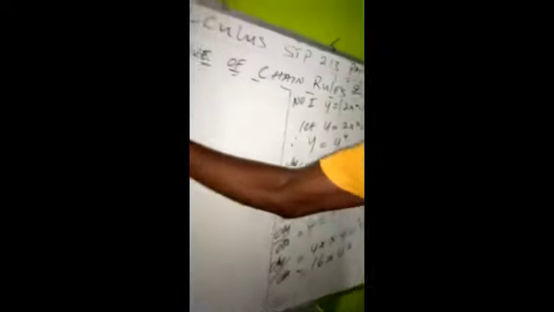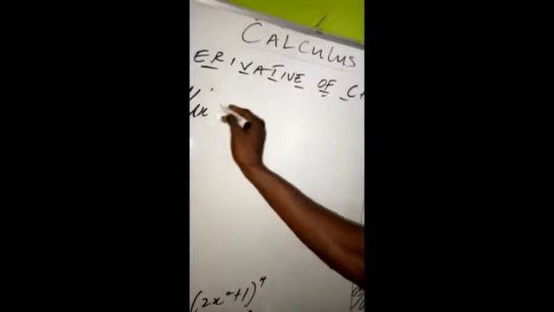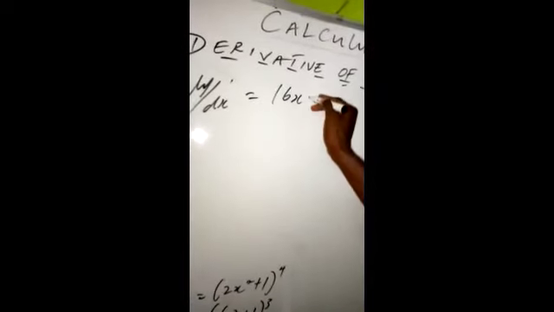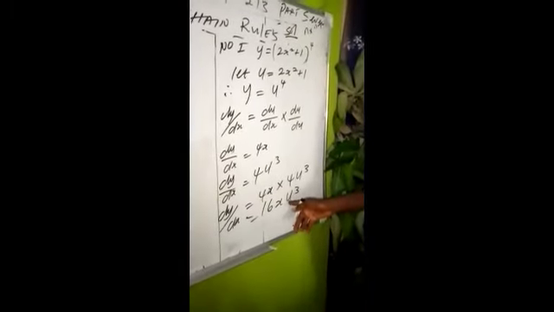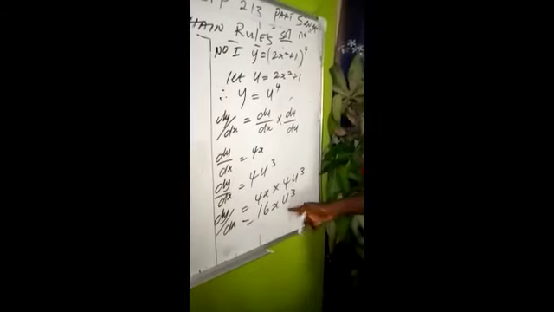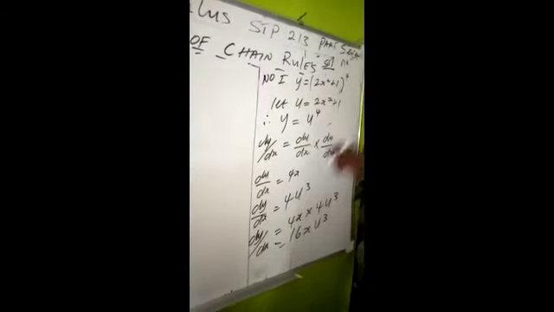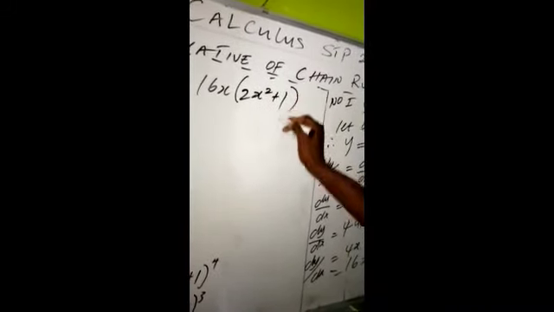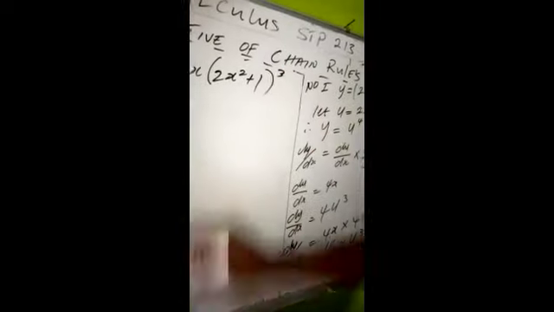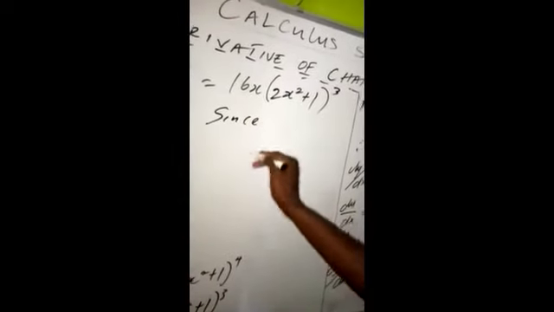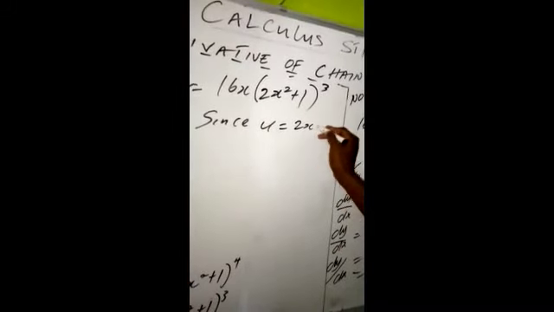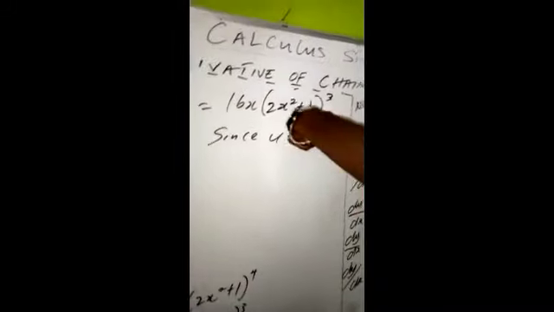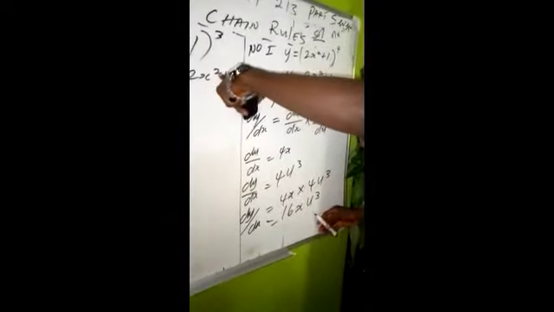dy/ds is equal to 16s times (2s squared plus 1) raised to power 3. Remember, since our u is 2s squared plus 1, we put that in. Places where you see u, you remove u and put 2s squared plus 1.